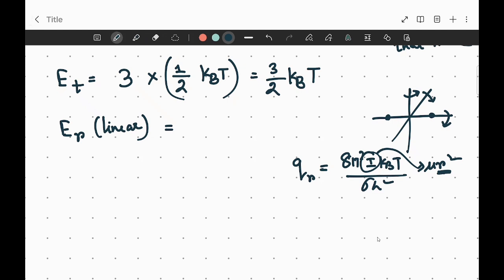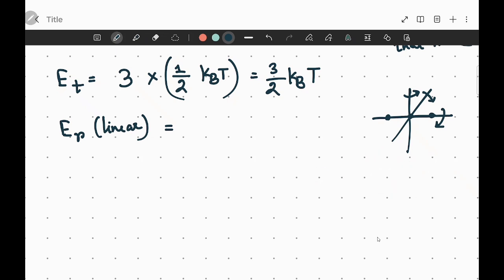That is 0 for rotation around the axis. If the molecule rotates around its own axis, there is no distance between the molecule and the rotational axis, right? Here it is R, but in that case there is none. That's why QR is 0. That does not contribute to the energy. So that's why you have to consider it 2 into half kT.